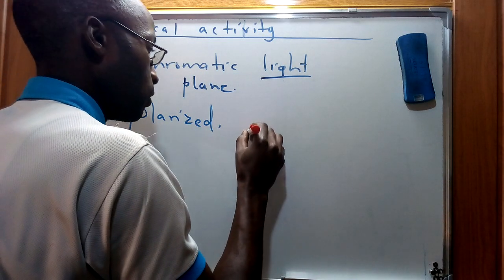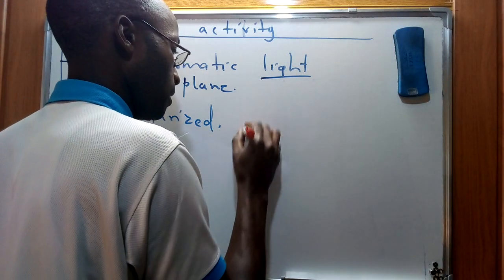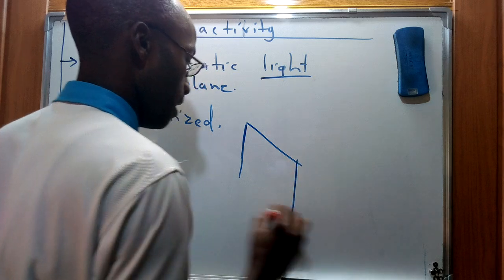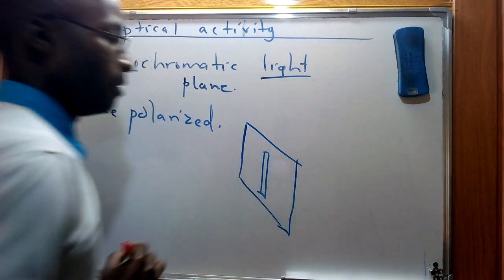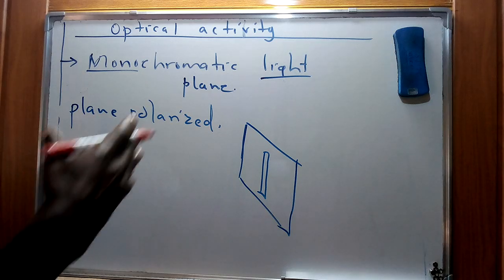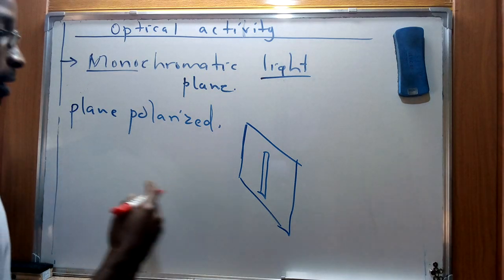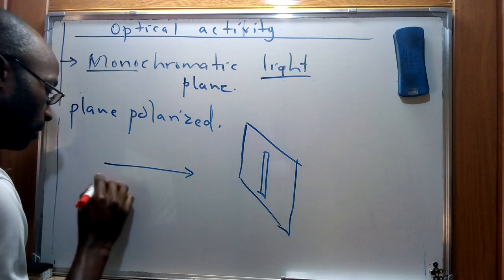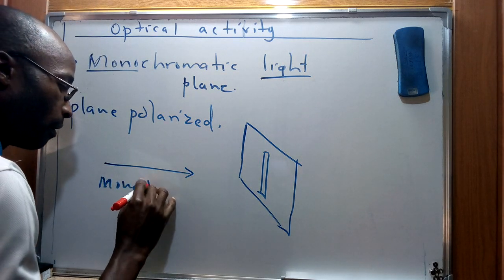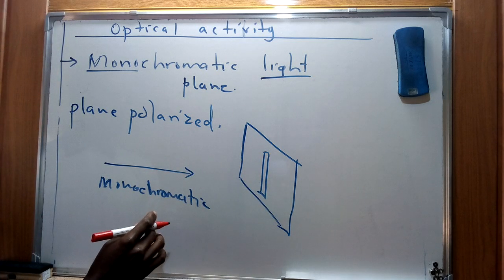Now, if I'm going to have an illustration to elaborate on that statement, let's have a board with a slit at this specific point, and this slit is vertical. Let's assume that this board is aligned cutting into the board, and of course it's perpendicular to the board, and we have a beam of monochromatic light that is incident, just falling on this specific part.